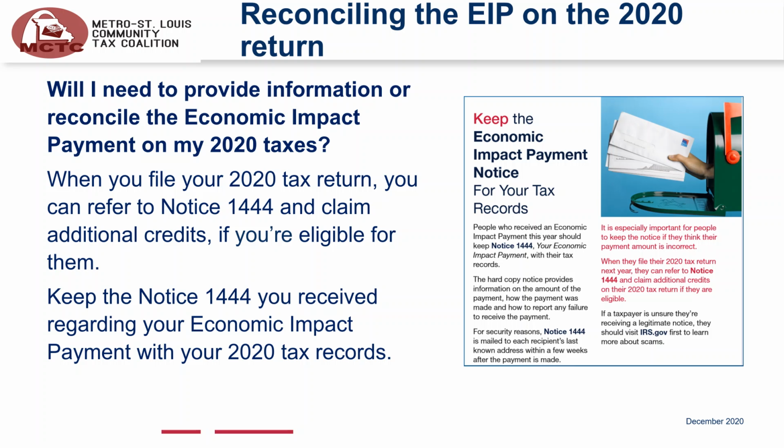I would be surprised how many will actually have that letter. The individuals I've talked to humorously said they just got the check. They were not worried about anything else. So that may create a challenge in terms of rejected returns.